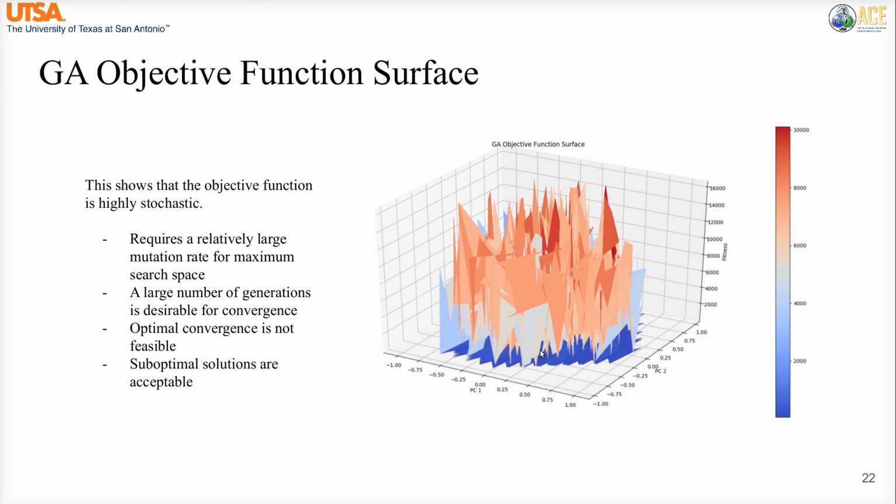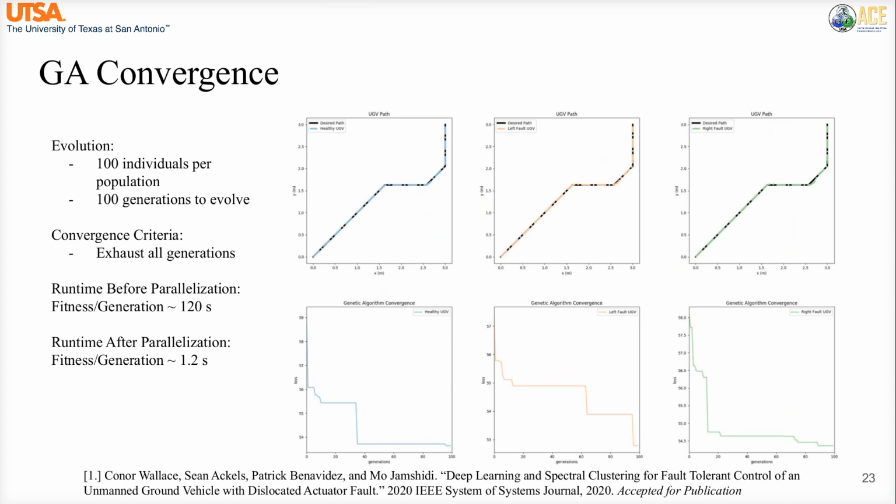And you can see that this is a highly stochastic optimization objective function surface. As such, it requires a fairly large mutation rate for maximum search space. It also requires a large number of generations to converge on a desirable solution. The other thing is that since it is so stochastic, an optimal convergence is not necessarily feasible, so suboptimal solutions may be acceptable.